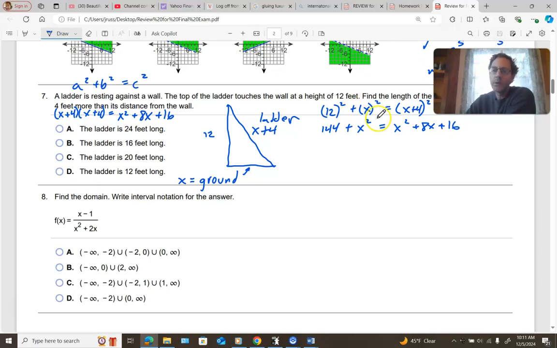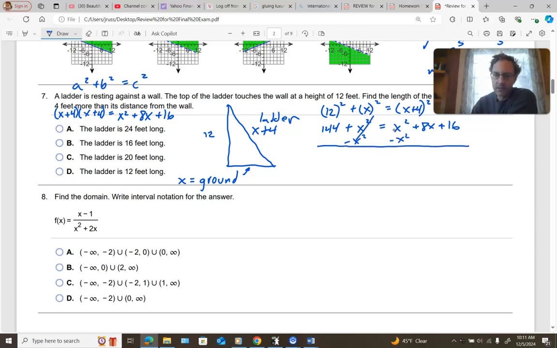And now what we do is we solve this equation for x. Now this looks like it's a quadratic equation, but it's not. Because if I go ahead and start moving everything to one side, my x squareds would cancel. In fact, I'll go ahead and do that.